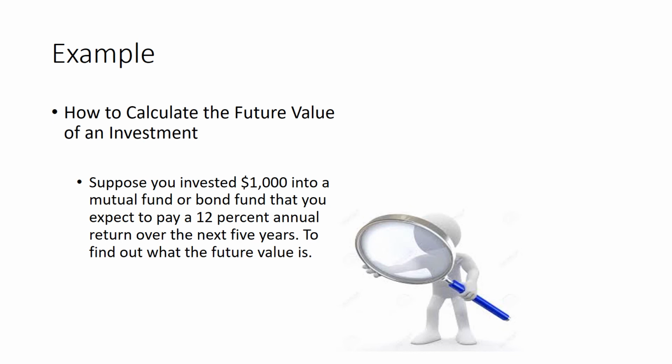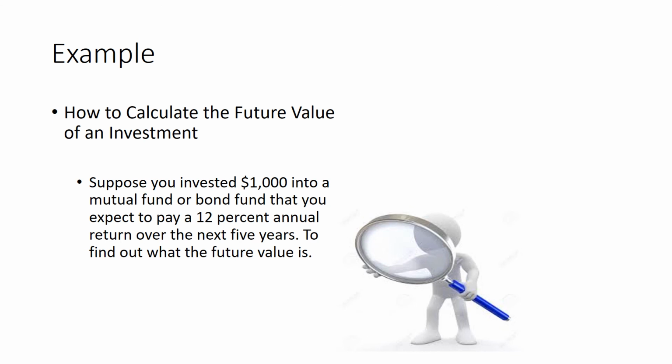As stated in this example, interest is paid annually and the interest is for 5 years. So for N, we're going to put 5. And then it also states the interest is 12%, paid annually, so our interest is 12.